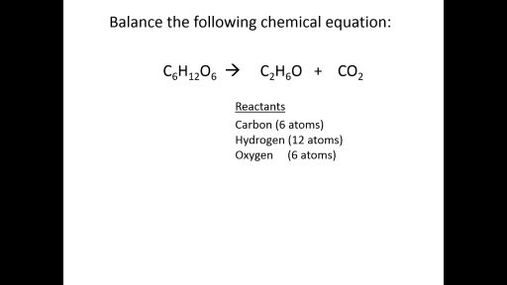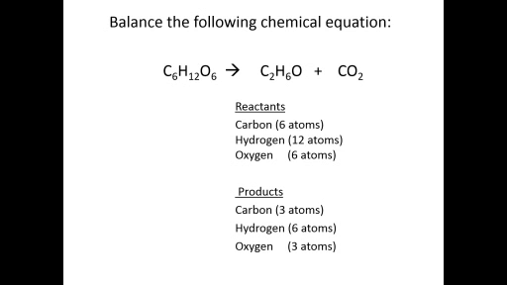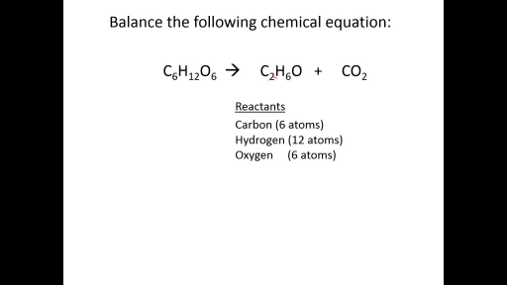First you have the reactants: 6 carbon atoms, 12 hydrogens, and 6 oxygen atoms. Looking at your products, you have 2 carbons in the ethanol and 1 carbon atom in the carbon dioxide.